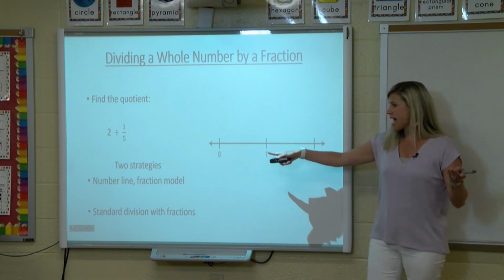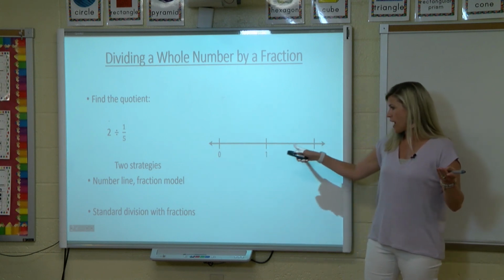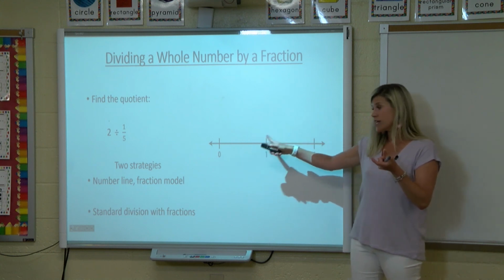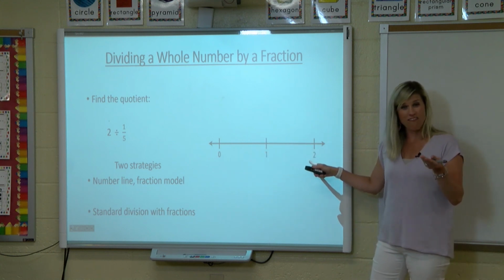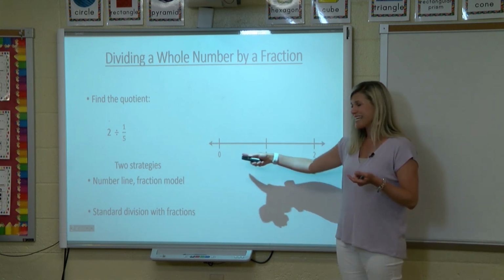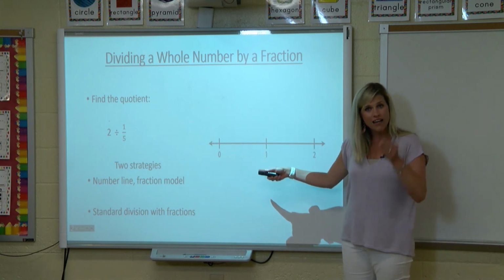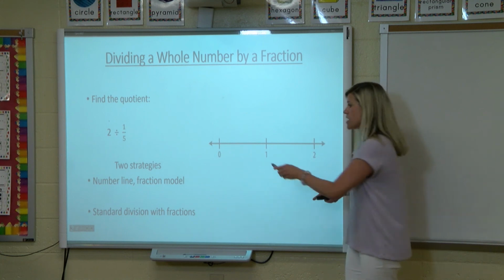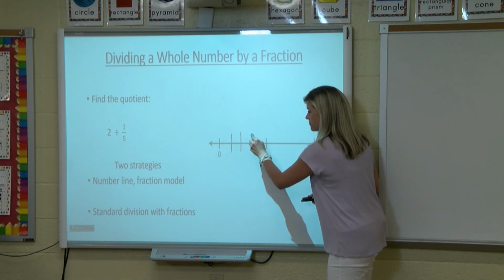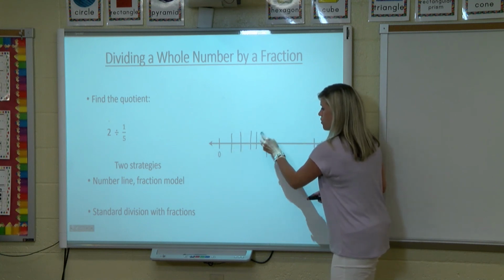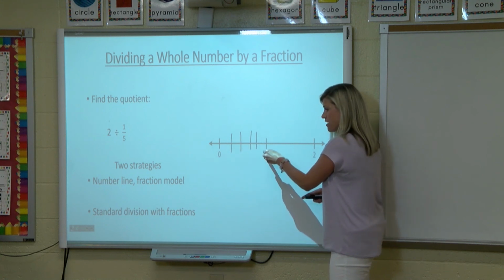On number lines, I have 2 right here. And if I divide each of the 2 into fifths, I'll have my quotient, my answer. So from 0 to 1, I need to create 5 1/5 sections because 5/5 is 1 whole. So if I break this into fifths, 1, 2, 3, 4, 5. There's 5/5.